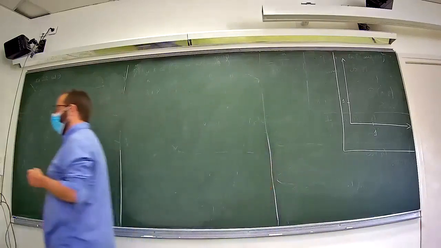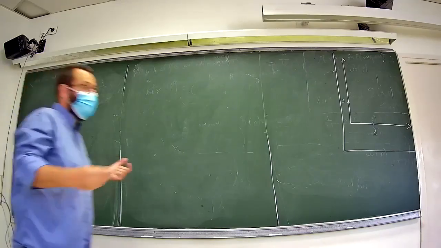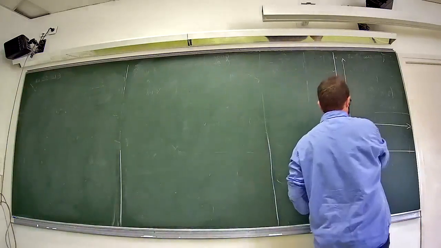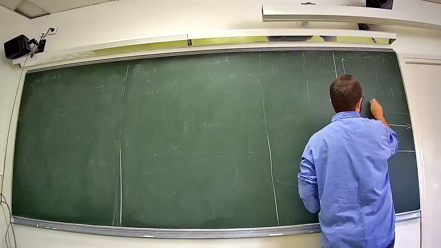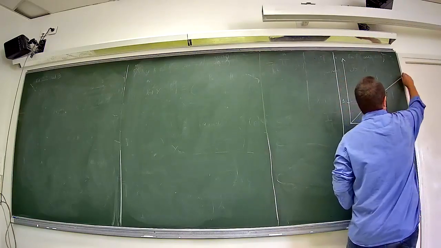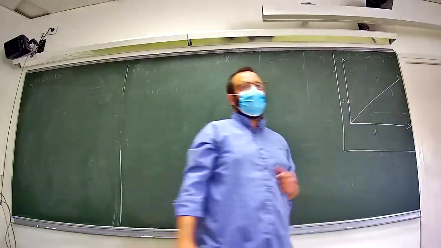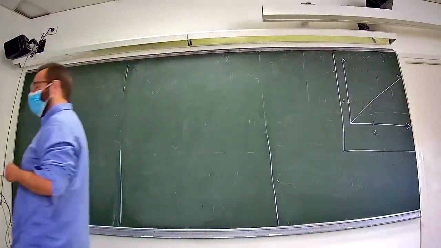Okay, so we are going to graph the identity mapping here. Why not? So it starts from 0, 1, 1. You have here the mapping f of x equal to x.